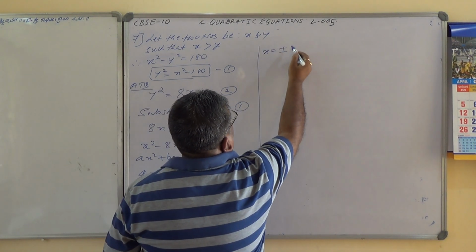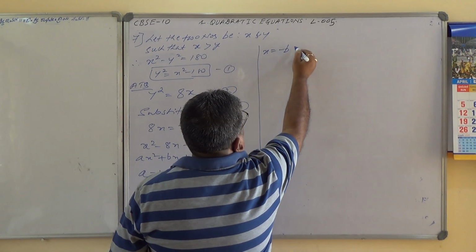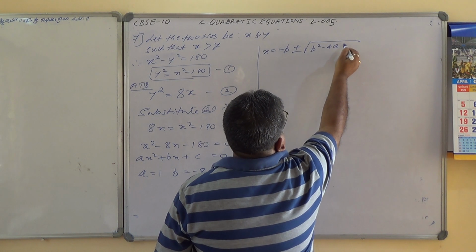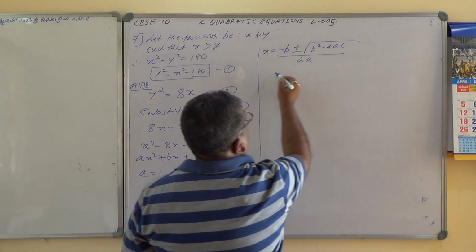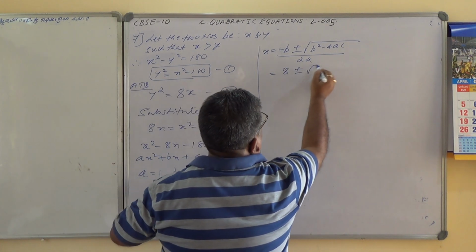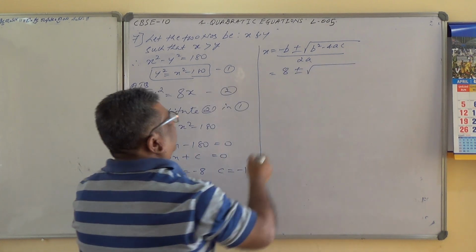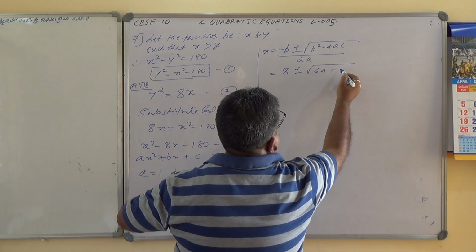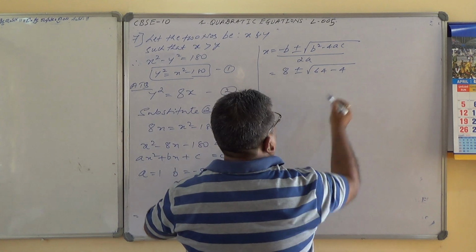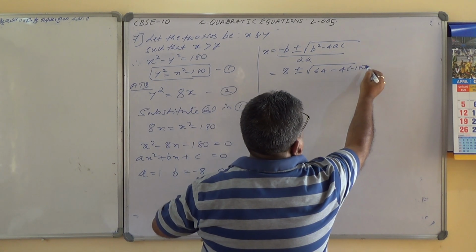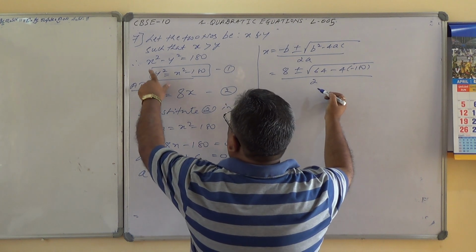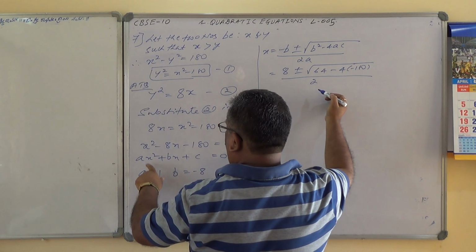X equals minus b plus or minus under root of b square minus 4ac, divided by 2a. Minus of minus 8 is plus 8. I am taking a shortcut here. B square minus 4ac: 64 minus 4 times a is 1, c is minus 180, the whole divided by 2 times a, which is 1.